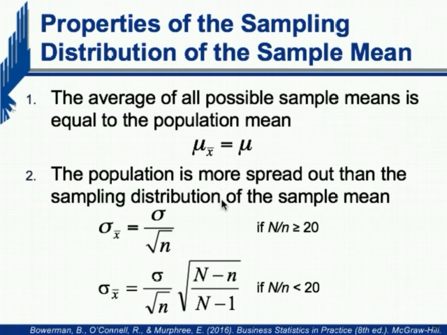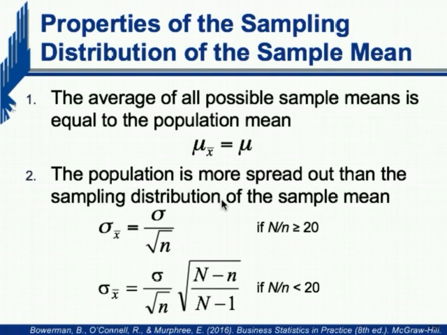So if you compare the histogram of the probability distribution of x to the histogram of the sampling distribution of x bar, you'll see that the histogram of the probability distribution of x is wider, or more spread out, as compared to the histogram of the sampling distribution of the sample mean.